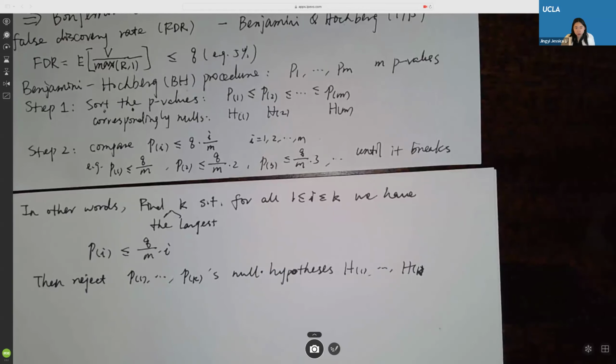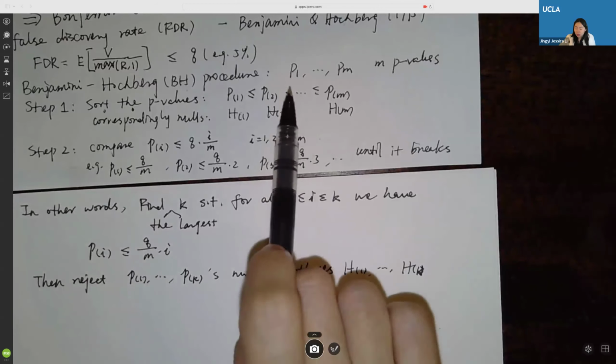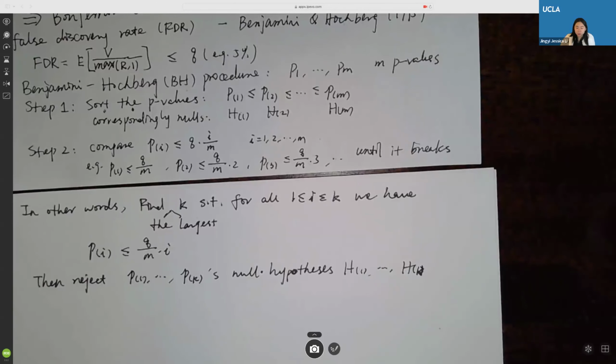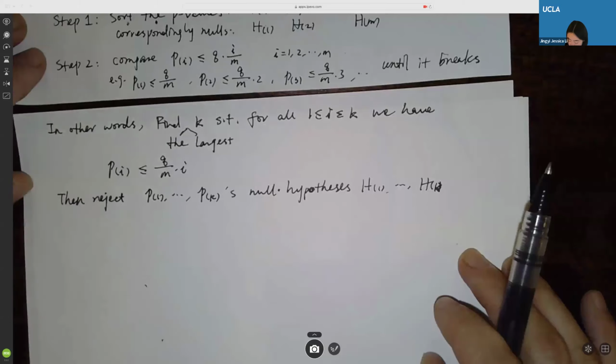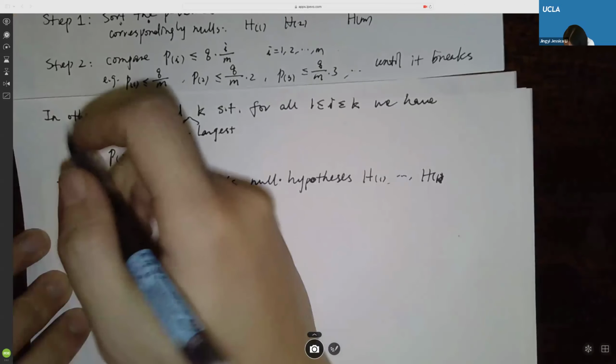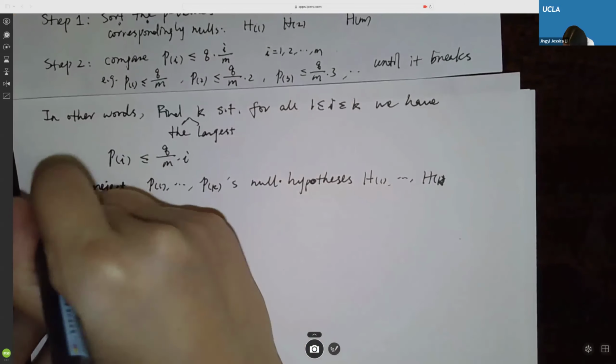Only for false discovery rate is the threshold data-driven, because we need to see our m p-values p1 to pm to set the threshold. We cannot know the threshold beforehand.